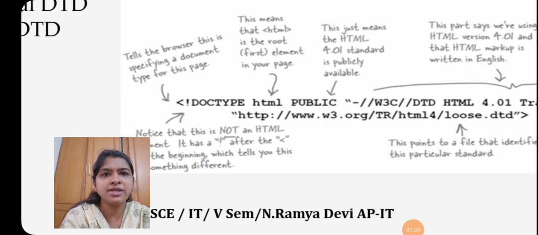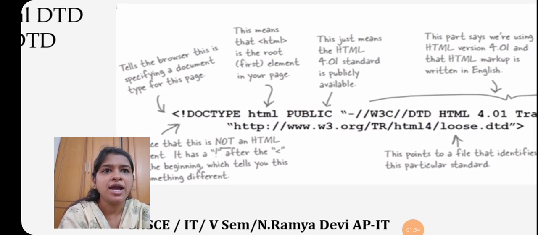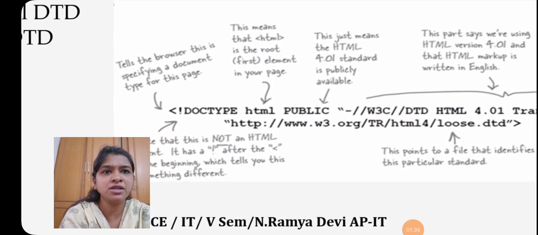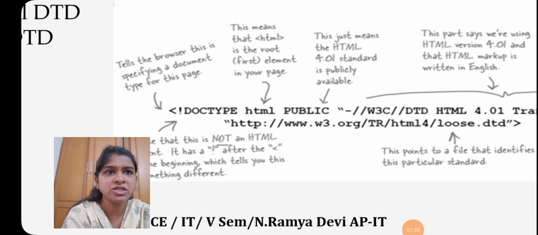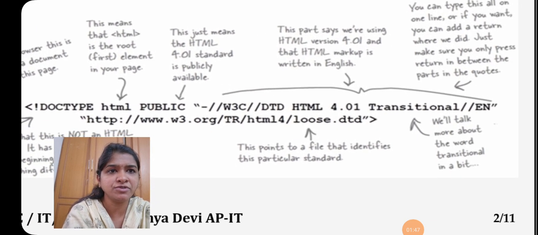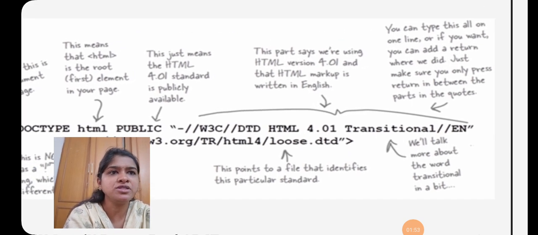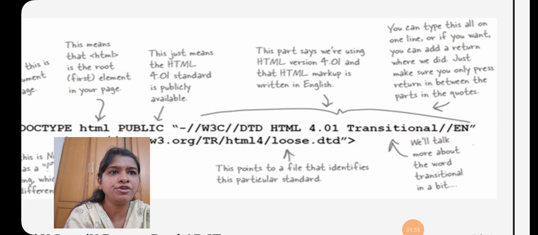The first part tells the browser that this is specifying a document type for this page, and this means that HTML is the root or first element in your page. This public means that the HTML 4.0 standard is publicly available, and this part says we are using HTML version 4.0 and that the HTML markup is written in the English language.